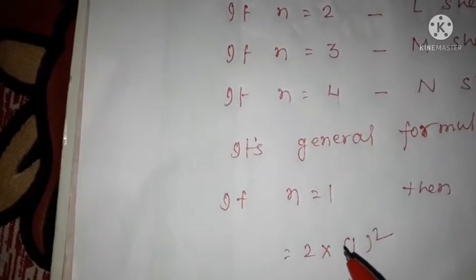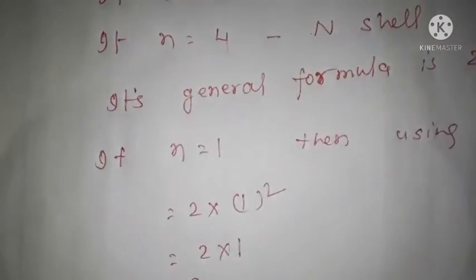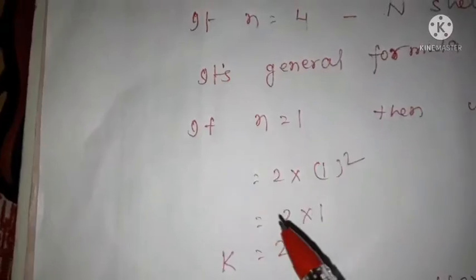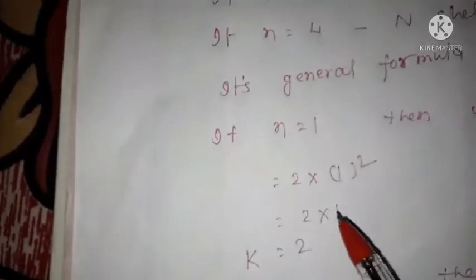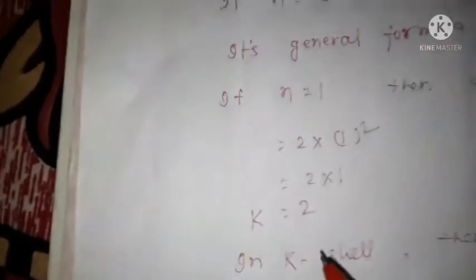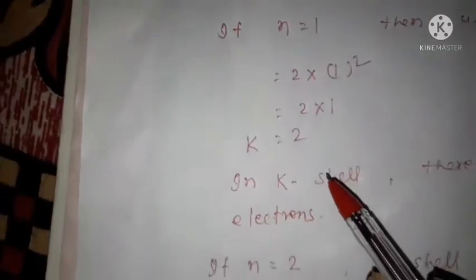If n is equal to 1, then using 2n square formula of the cell, we can easily derive it. 2 into 1 square, that means 2 into 1. In K cell, only 2 electrons are present.